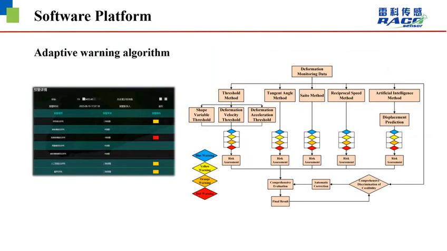Generally speaking, slope radar uses the threshold method. When the deformation value, speed, and the acceleration exceed our alarm threshold, an alarm is generated. We did further work and introduced other algorithms, including tangent angle method and AI algorithms, and dynamically adjusted the weight of each algorithm to select the most suitable early warning algorithm for the current slope.